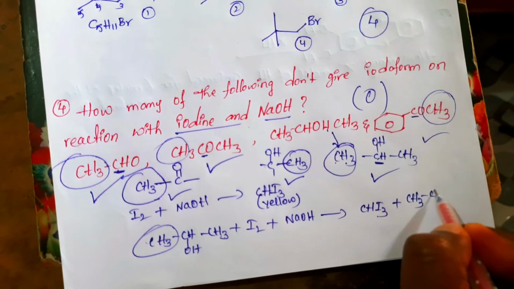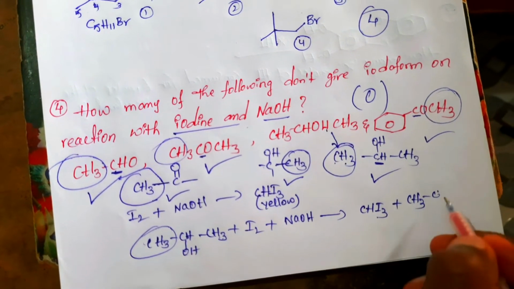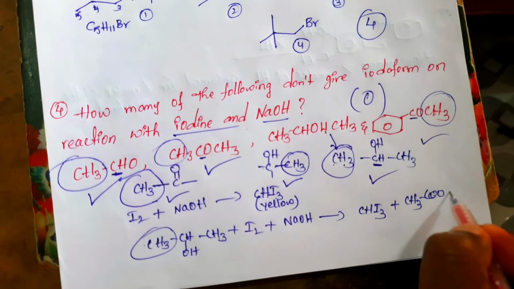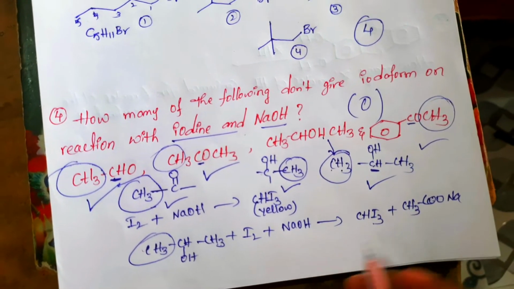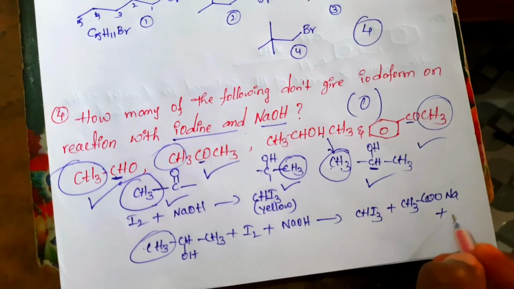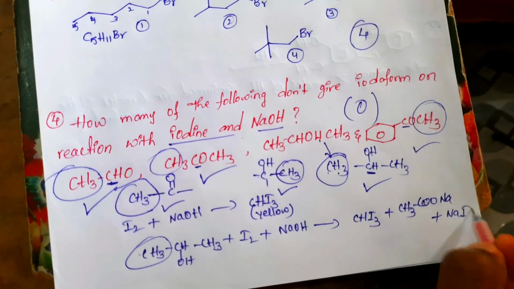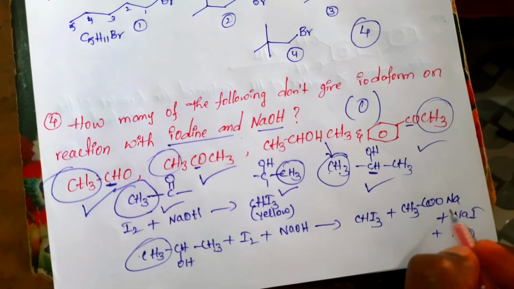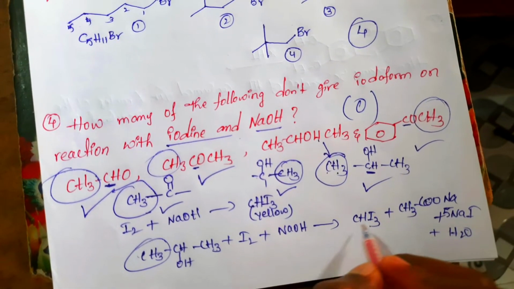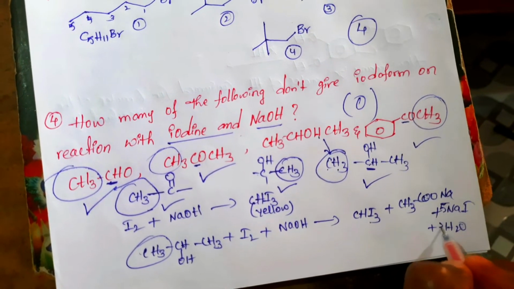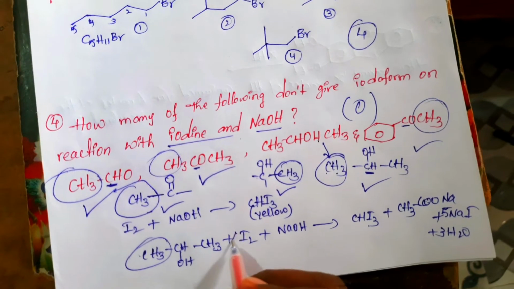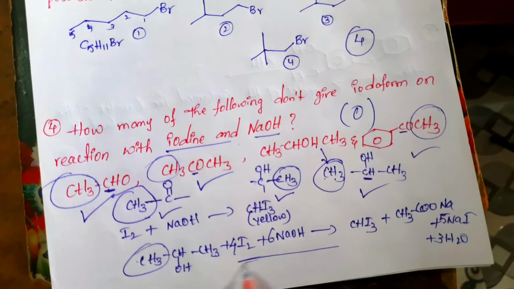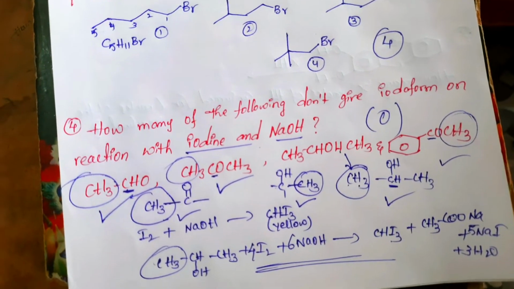The alcoholic carbon is oxidized to COONa, the sodium salt of a carboxylic acid, plus sodium iodide plus water. So sodium iodide will be 5 moles, and 3 moles of water, with 4 moles of I2 and 6 moles of NaOH. This is the actual reaction of iodoform.